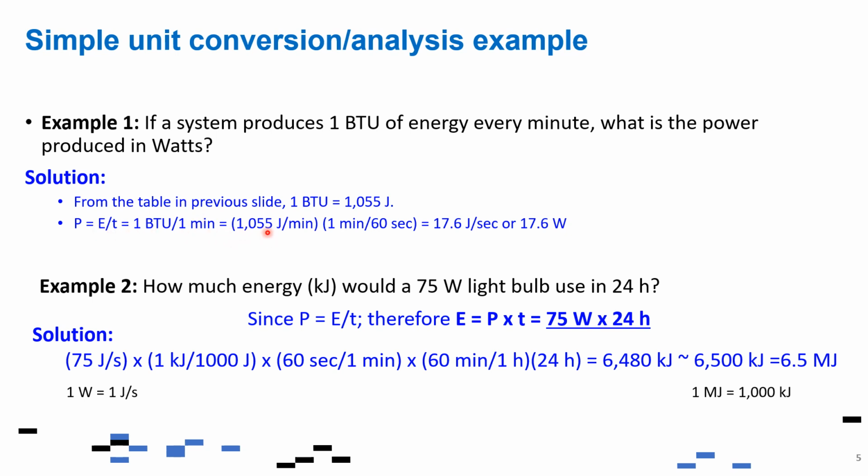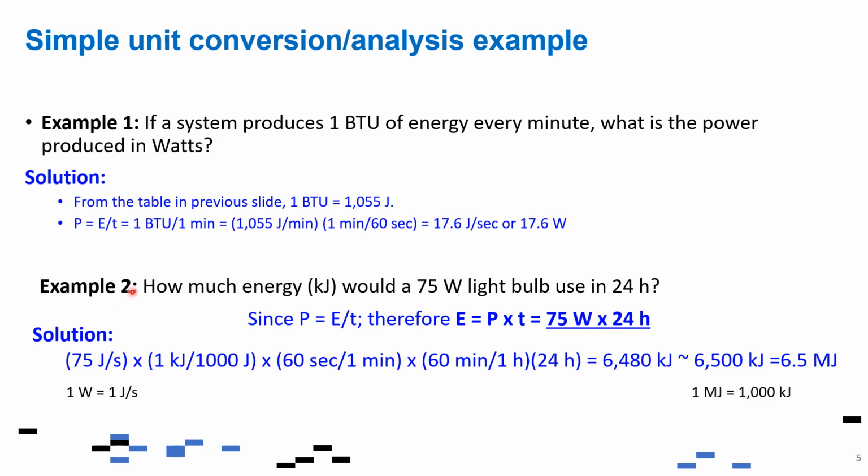So we just input 1055 joules per minute and then convert minute into seconds. So the conversion factor is 1 minute per 60 seconds. So we can cancel out minute now. So the answer is 17.6 joules per second, which in this case is 17.6 watts, or 18 watts if you round it off. So this is a very simple one.